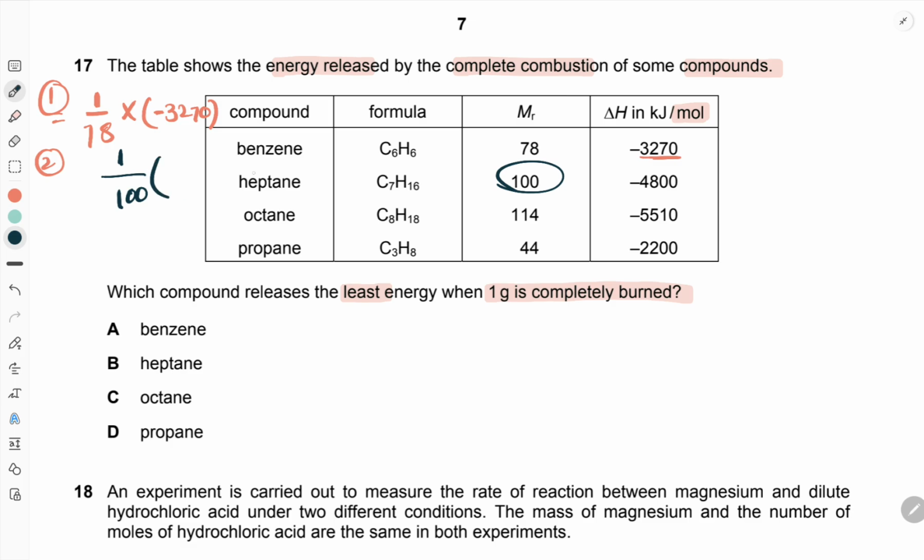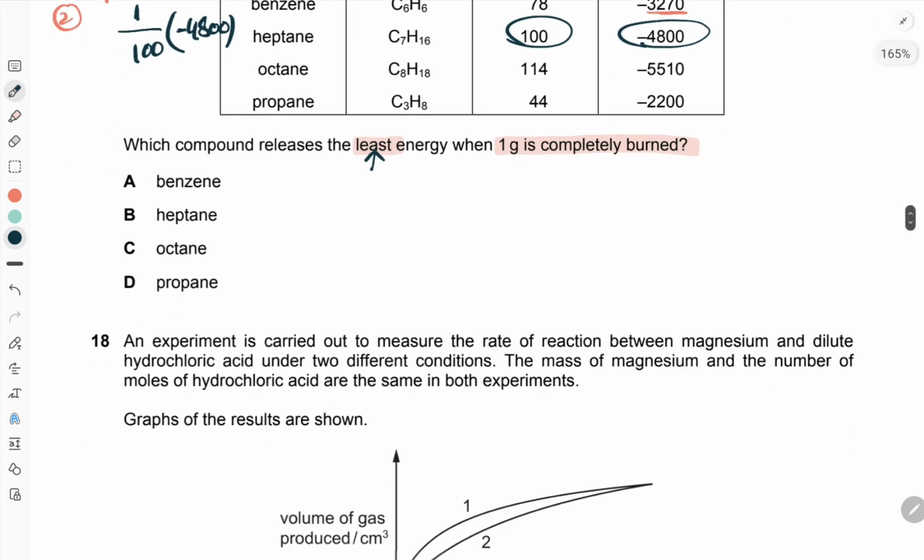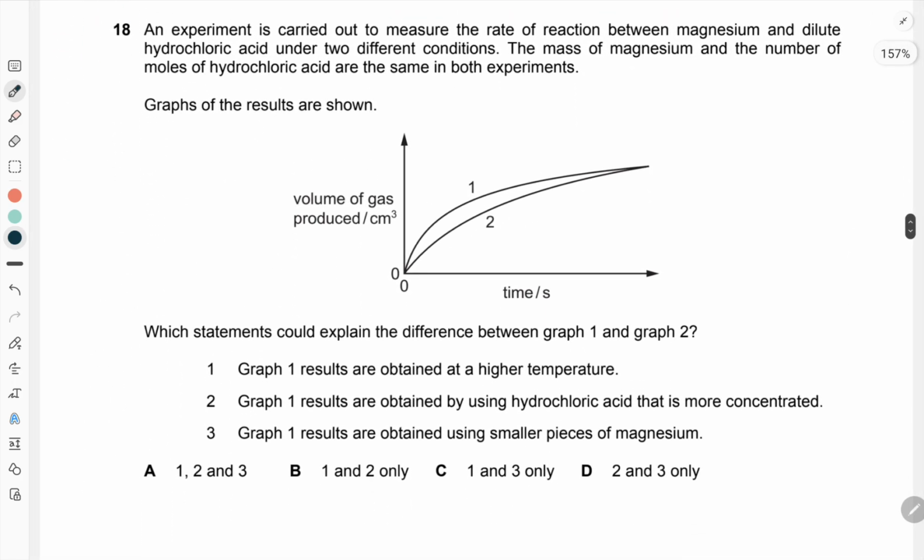This time you will multiply it with the energy, which is negative 4800. And similarly you will do the same with all 4 options, and you will find yourself which is the correct answer. The one with the smallest answer will be the correct answer.